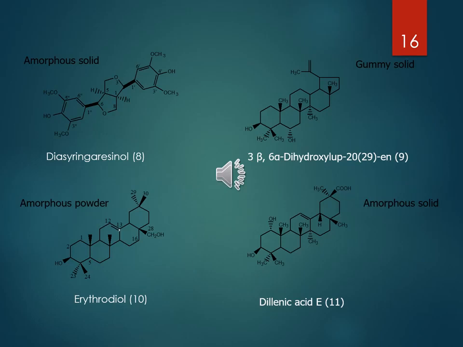The next molecule is 3-beta, 6-alpha dihydroxylup-20(29)-ene. This molecule is isolated from the less to medium polar fraction of the plant. This is a terpenoid molecule. Terpenes are those molecules which consist of isoprene units, and isoprene is a C5H8 unit, which constitutes the basic building block of the terpene molecules.